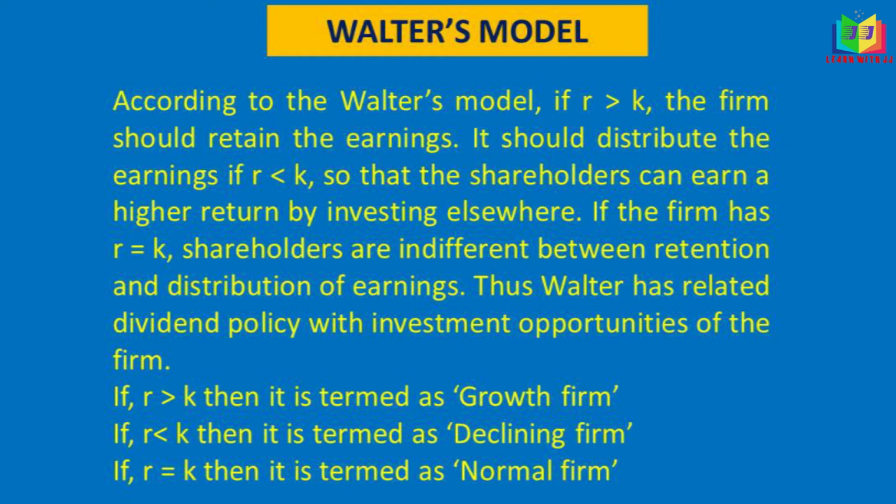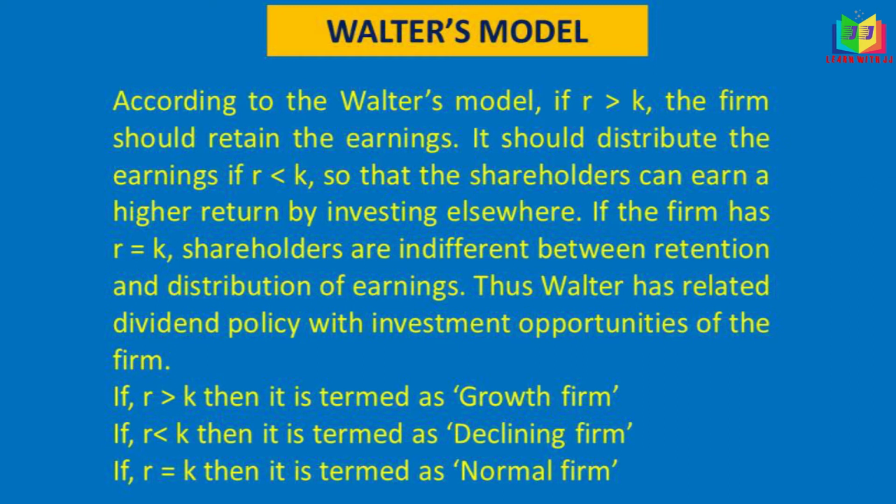It should distribute the earnings if R is lesser than K. If R is lesser than K, then it is said to be a declining firm, and the shareholders can earn a higher return by investing elsewhere. So the firm has to distribute the profit as dividend so that the shareholders can invest in some other securities.